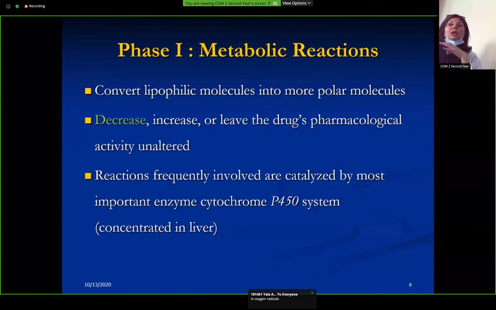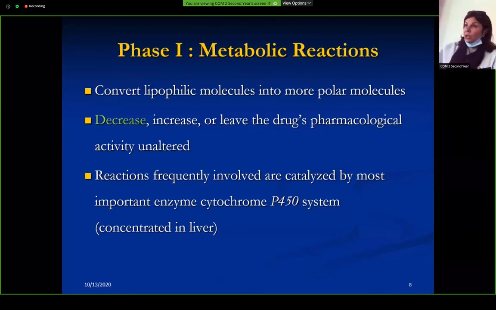Because of any mutation in their isoenzymes, I'll just give you one example, so that you know why we are now into pharmacogenetics. I remember at King Faisal Hospital, I had one project with cardiac, liver, and kidney.